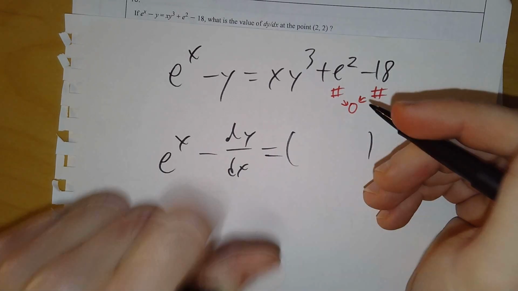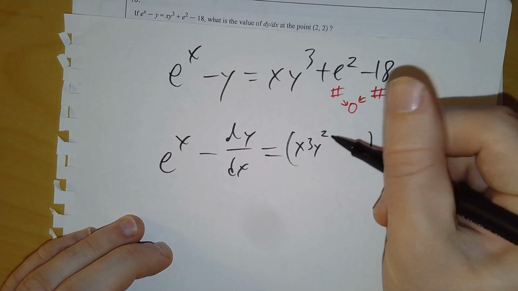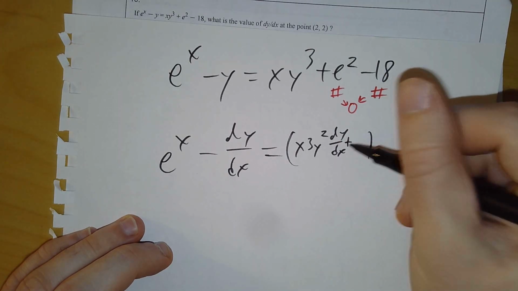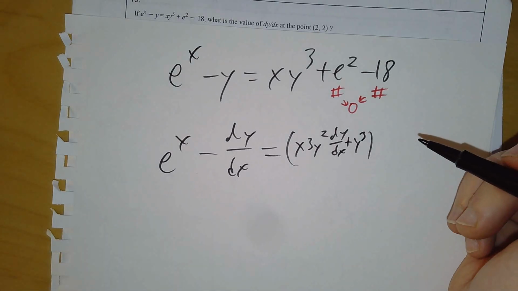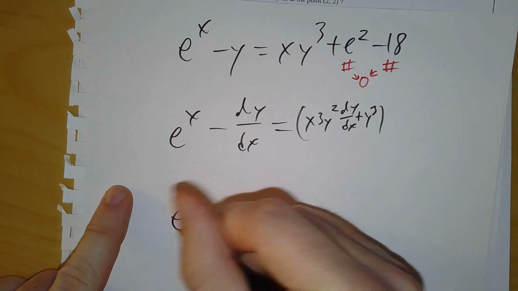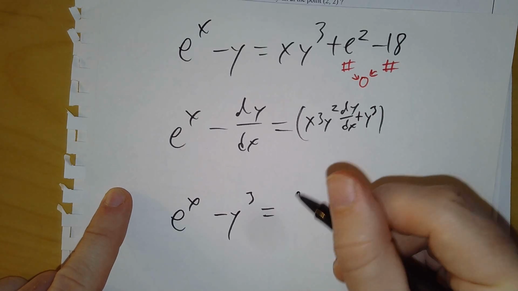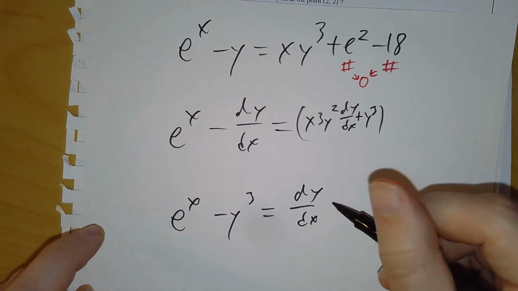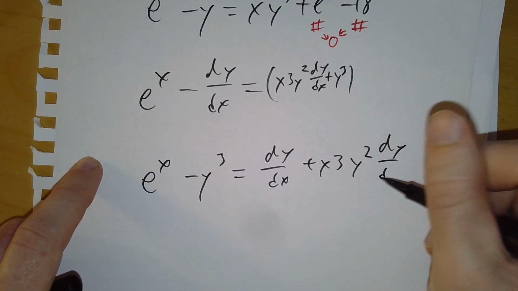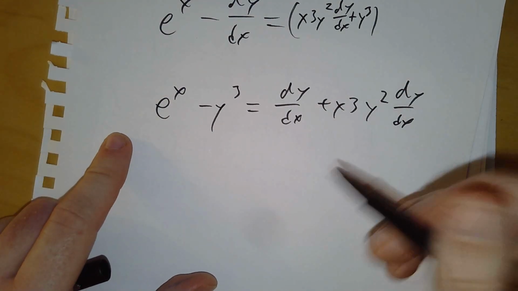The product rule there is going to be lefty right, so it's x times 3y squared dy/dx plus y cubed. All right, let's move things around. So when I move things around, I get e to the x minus y to the third equals dy/dx plus x 3y squared dy/dx. I kind of skipped the work there.